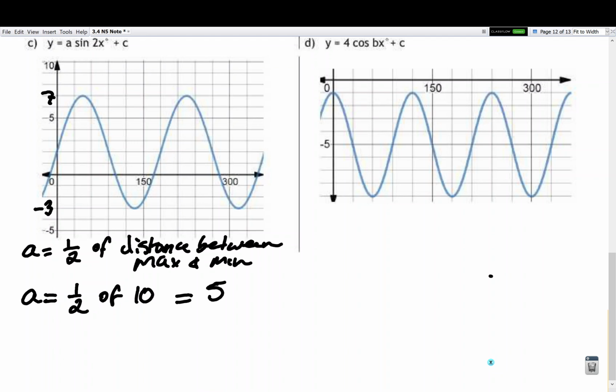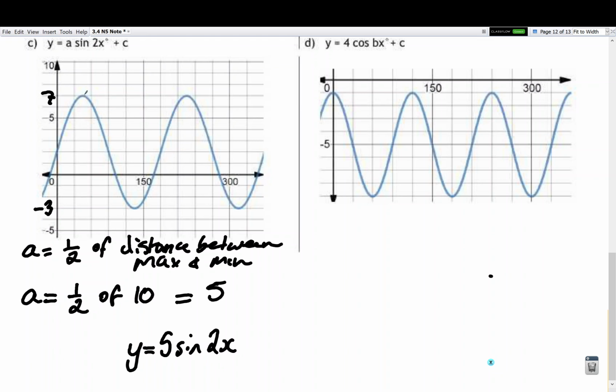We know it's 5 sine 2x, but the plus c must mean that it's been shifted up or down something. So we've got y equals 5 sine 2x. Okay, so if we had 5 sine, that would mean that the graph would usually have a maximum of 5.